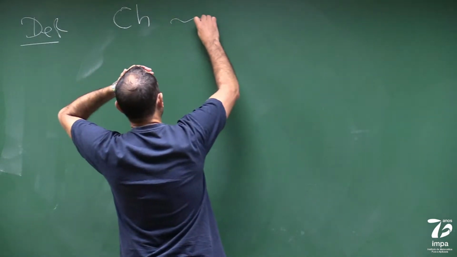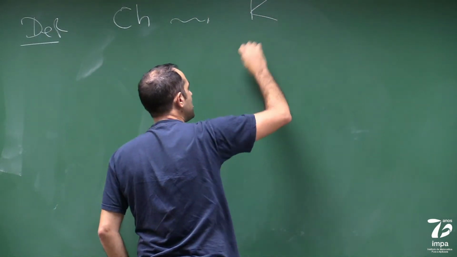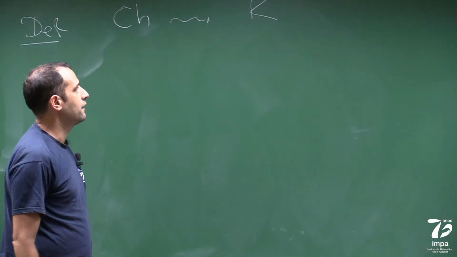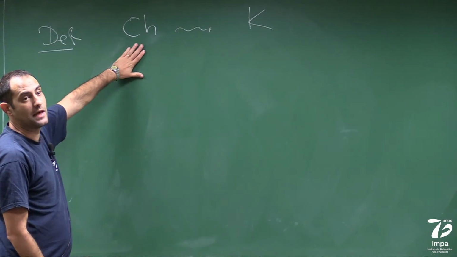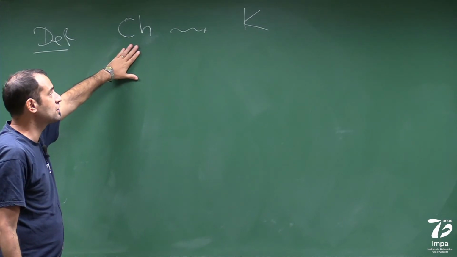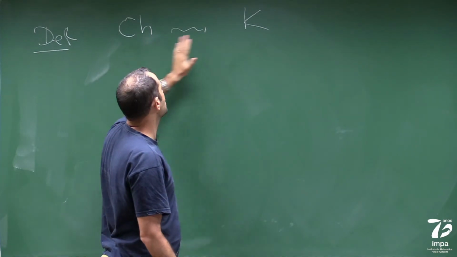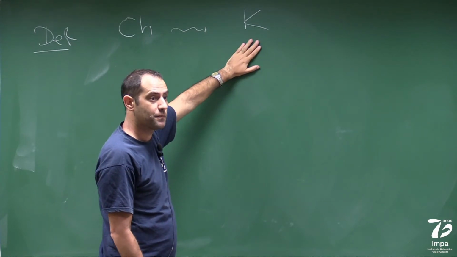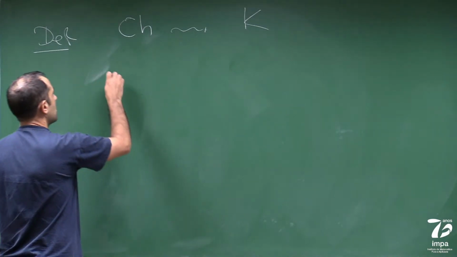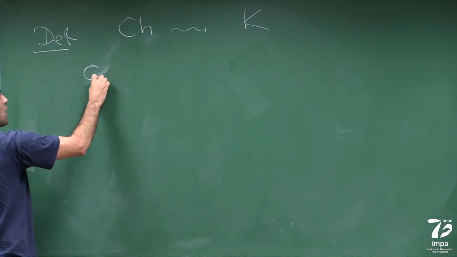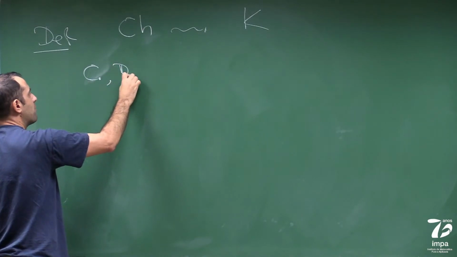And I'm going to look at another category, which is going to be K. This K is going to have the same objects as this. So if you were looking at complexes of vector spaces, this would be complexes of vector spaces. Complexes of R modules, this would be complexes of R modules. What are the morphisms, though? Here, the morphisms between two complexes were maps of complexes.